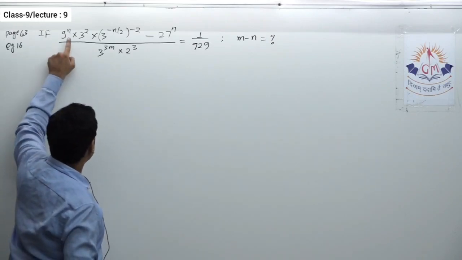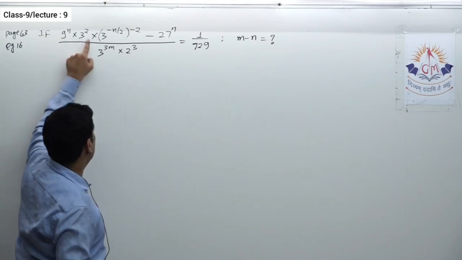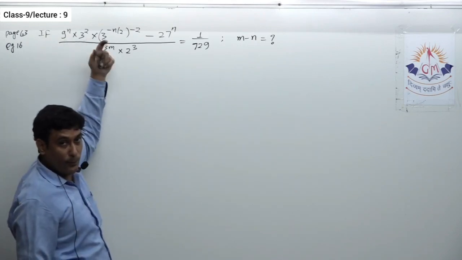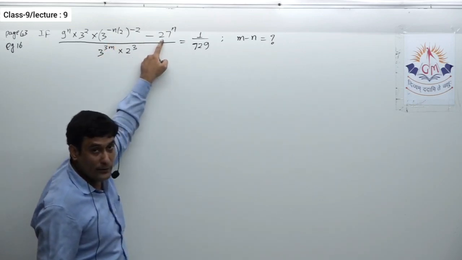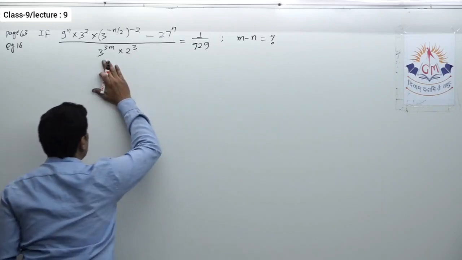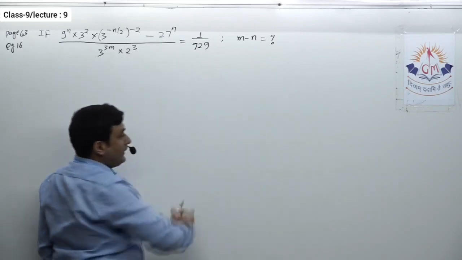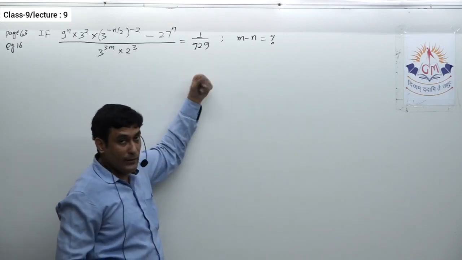Now, second thing, here it is easy to convert this term in 3 raised to something. This is already in terms of power of 3. That is also in the power of 3. That can be written in the power of 3. 27 is 3 cube. Okay, this is also in the power of 3. 729, if you know the divisibility rule, this is divisible by 3, so it is possible.